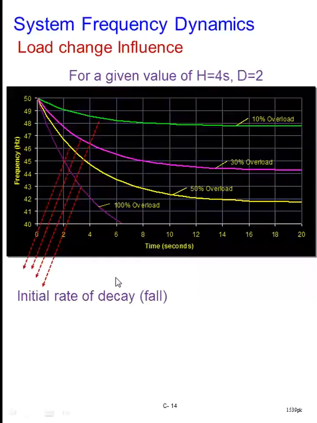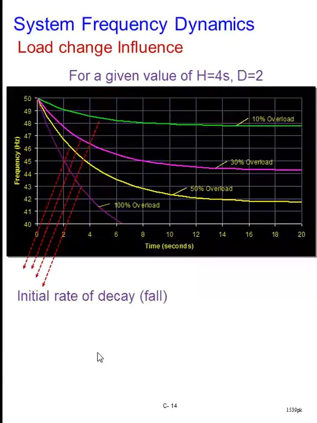Sir, this effect is more pronounced in the isolated system. Is it because the power difference can't be compensated from other areas by making power flow from other areas? No, I didn't say this discussion is for isolated systems. This is in general.